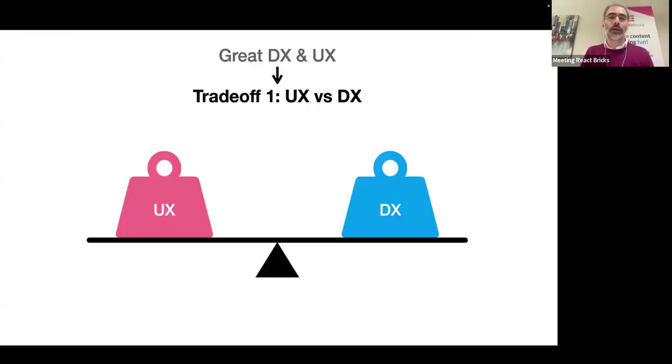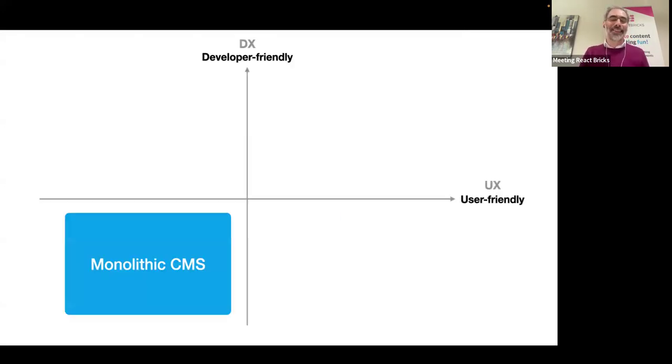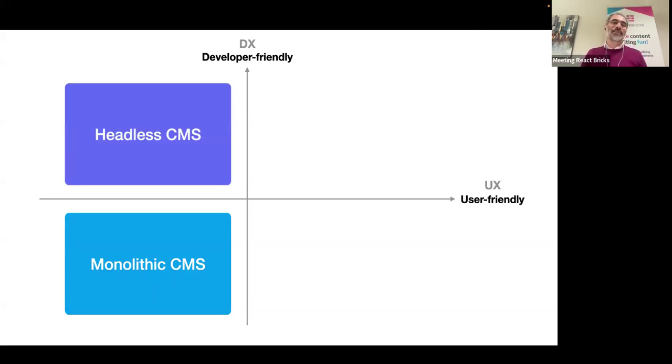Because you see, when we start a content management solution project, we have two big trade-offs. The first one is UX versus DX, and we can see that monolithic CMSs provide neither a good DX nor UX. The headless CMSs, of course, are great for developers with their great architecture and separation of concerns, but for the content teams, they are like gray forms instead of a great visual editing interface.